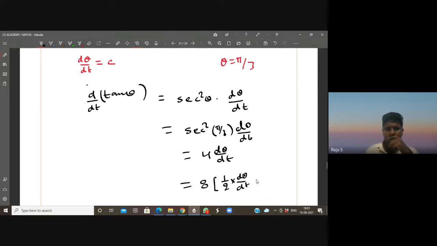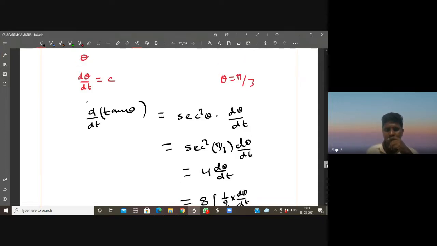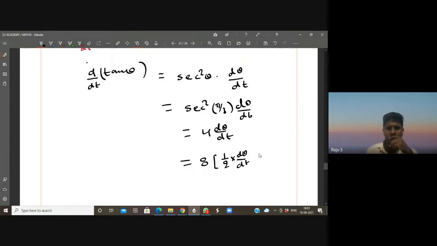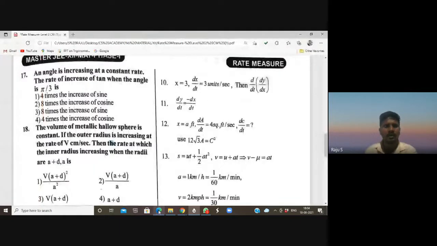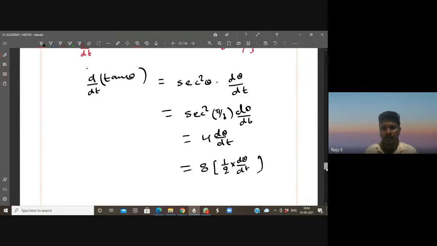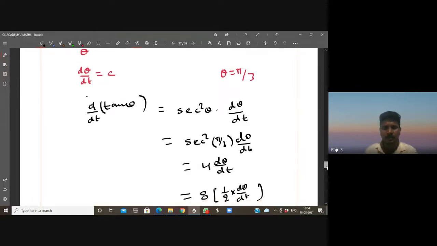Students, d theta by dt is a constant when tan theta is changing. So we can write 1 by 2 of the rate of change of the angle, at pi by 3 as a constant rate, 8 times of it increases. 1 by 2 means, tan value they have given theta pi by 3.